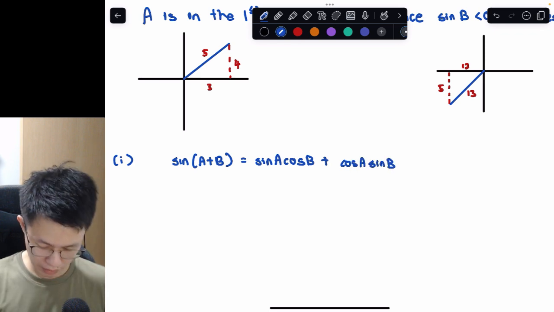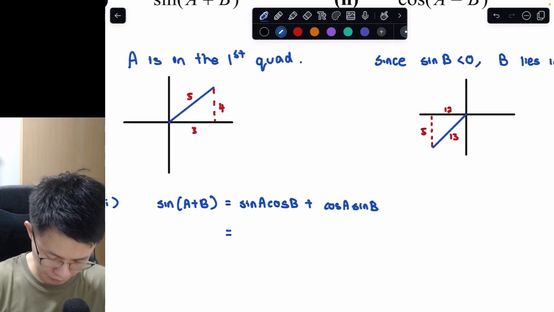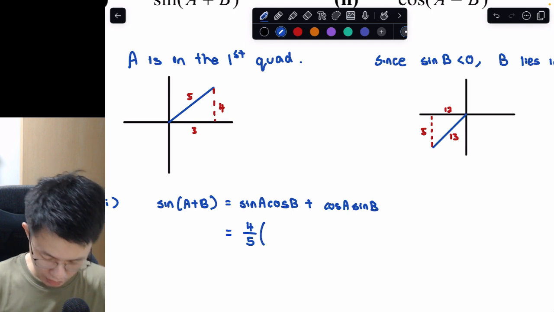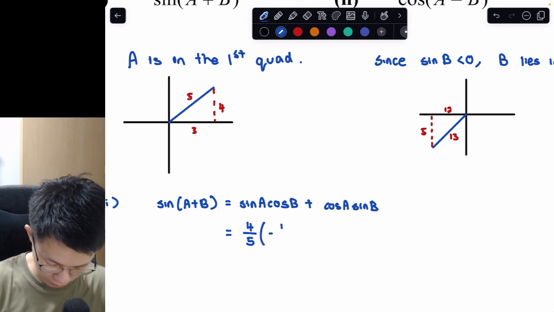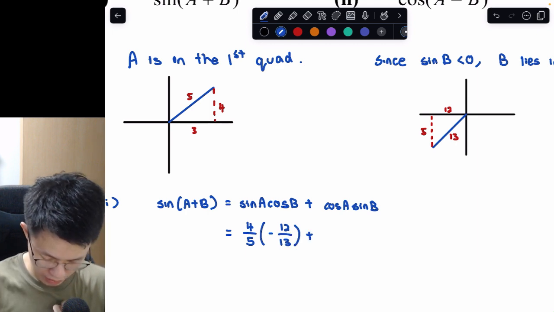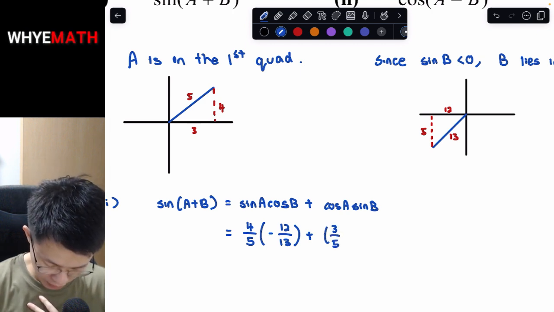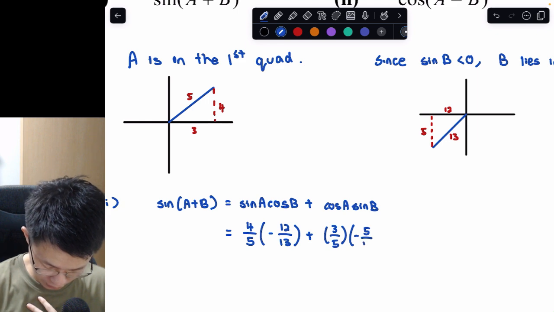So from here we can easily deduce sine A is simply 4 over 5. Cosine B, since it's the third quadrant, will be negative 12 over 13, ASTC, plus cosine A, which is also going to be positive here, which is simply 3 over 5, times sine B, which is negative 5 over 13.